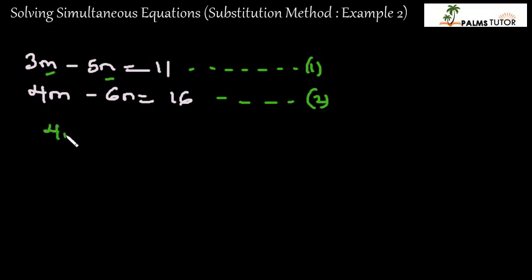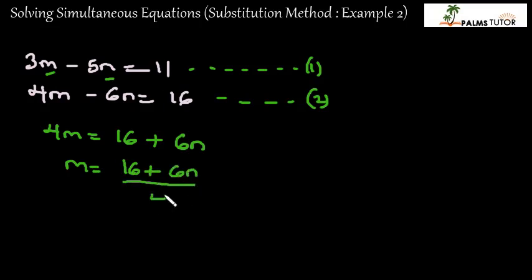So I have 4m equals 16 plus 6n, because this crosses the equality sign and becomes plus. So now, m will be equals to 16 plus 6n all over 4. This is the value of m.